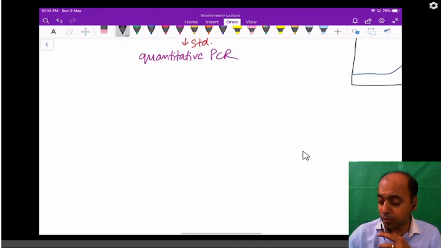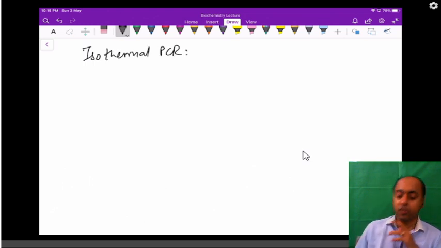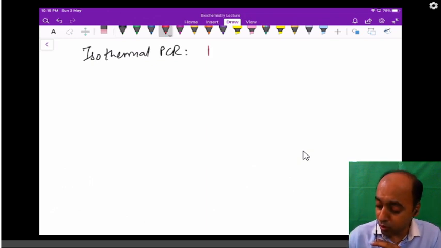We have another very important point which is known as isothermal PCR. About isothermal PCR, what you need to remember is the role of BST polymerase.